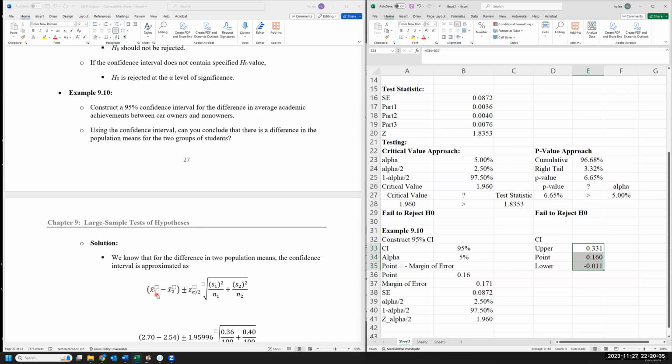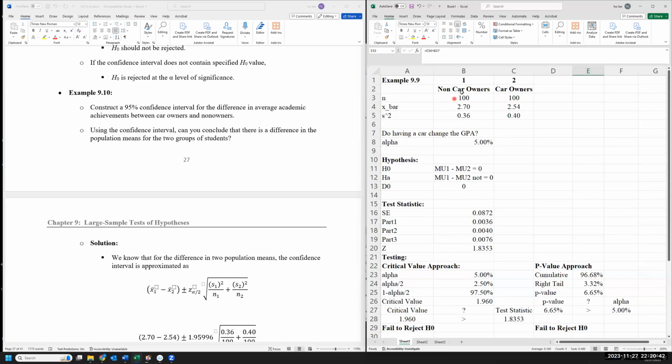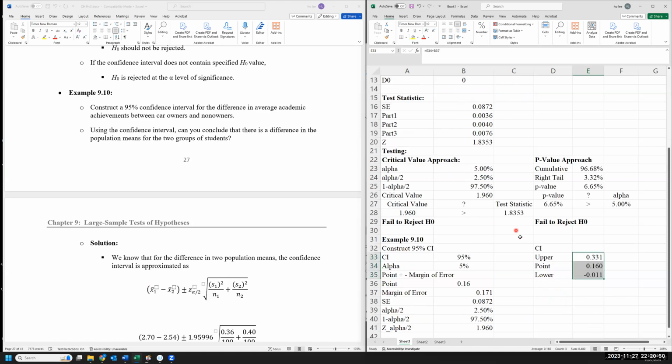Remember, X1 bar is the sample average GPA from non-car owners, and X2 bar is the sample average GPA from car owners. And we see that with 95% confidence, we know that difference could be some negative number to the positive number.